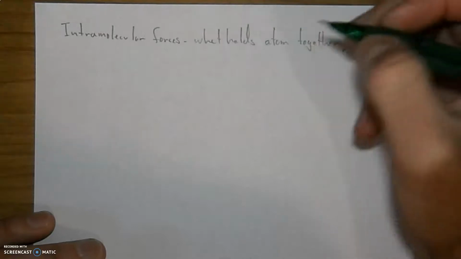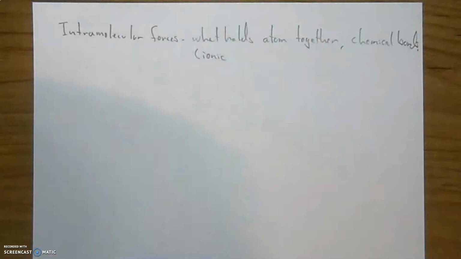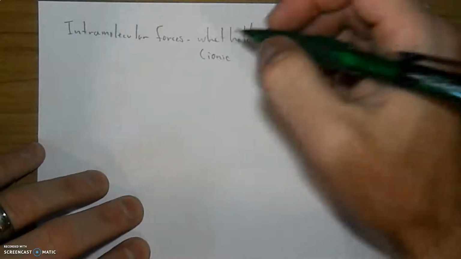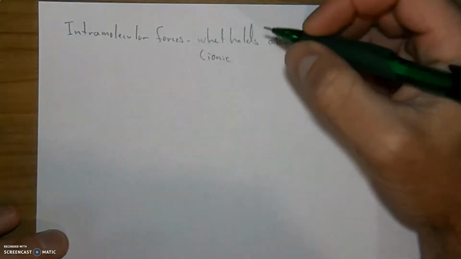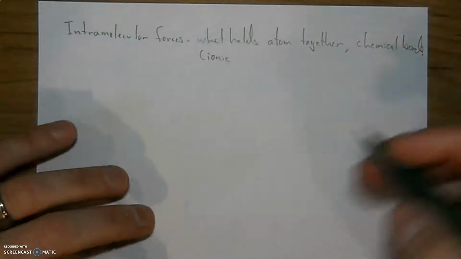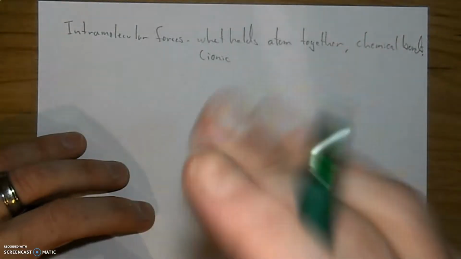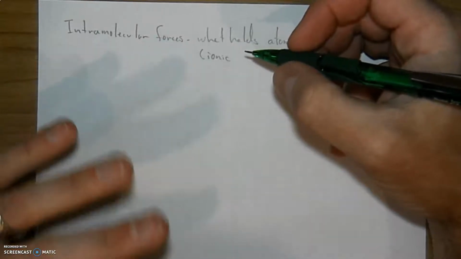The examples that you might want to think about are ionic bonds, which hold a group of atoms with positive and negative charges together through how they interact with each other. And again, that's not a molecule. Ionic is a huge structure.